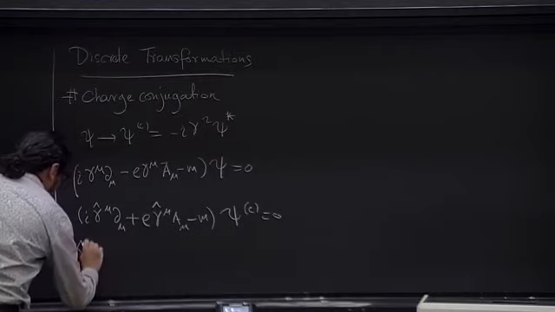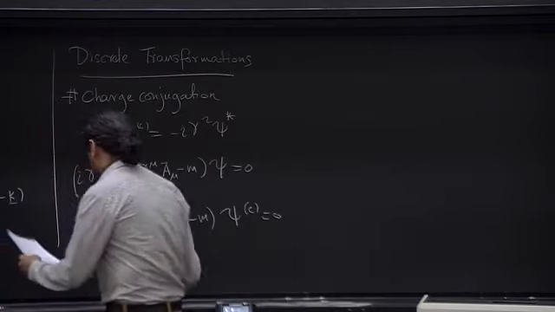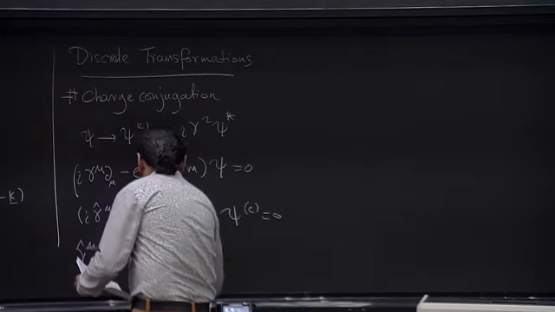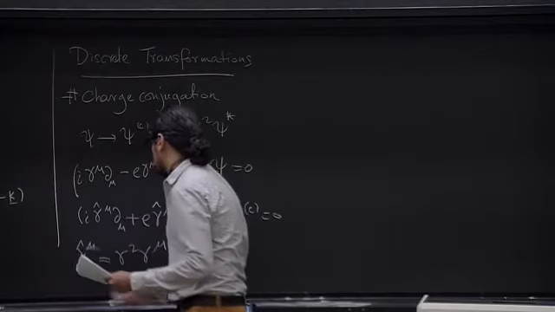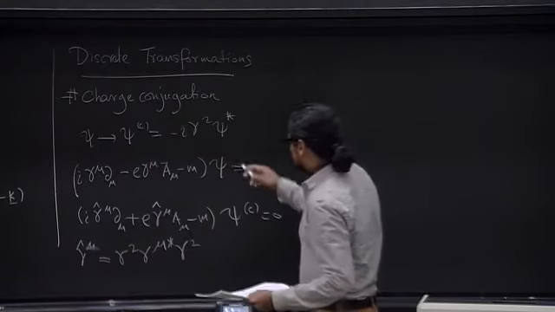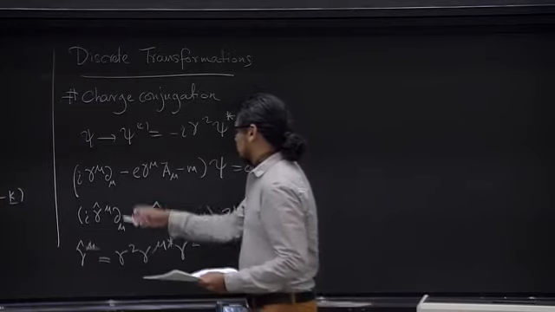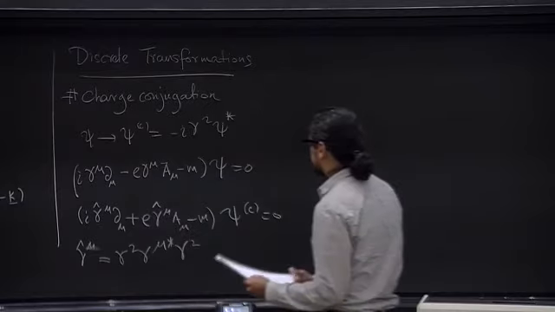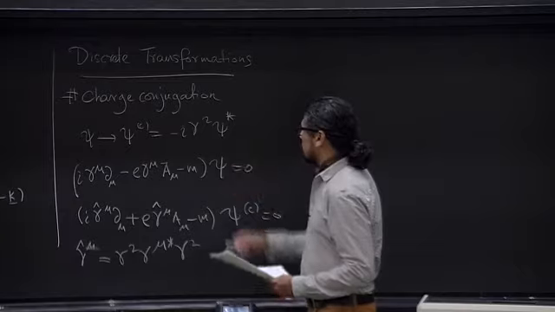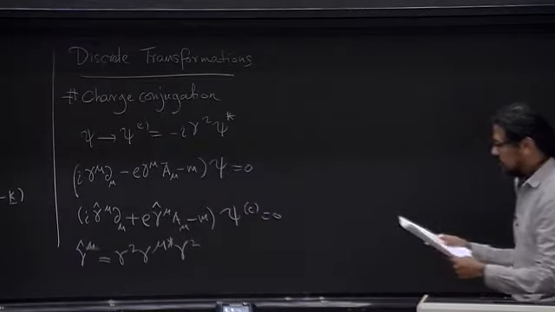Where gamma hat mu is related to the gamma mu by this, but you can show that gamma hat mu also satisfies the Dirac equation. So if you look at these two equations, they're both Dirac equations, but with E replaced by minus E. This motivates why we define charge conjugation in this way.